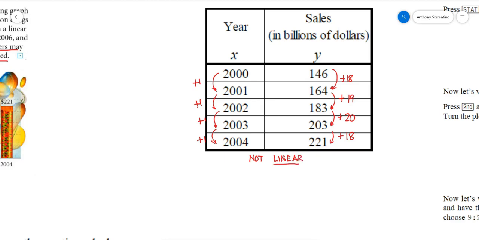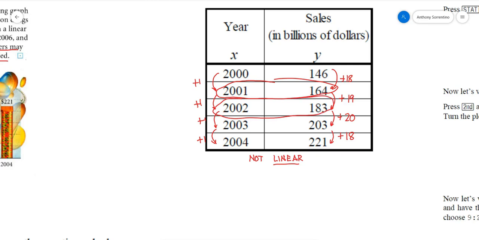but it's close. So now what they would ask you to do is pick 2 of these points and then write the equation of a line. That's where you would have different answers coming from, because I chose to use these 2 points. Now I've already determined what the slope was.